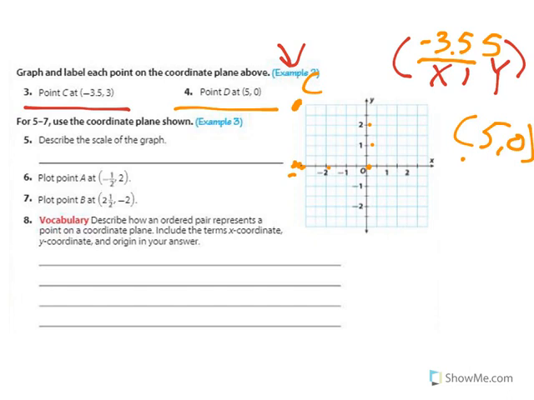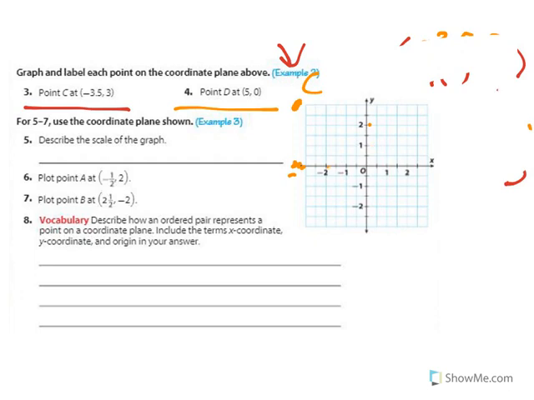So we'll just use the invisible graph here. So that means go across 5. All right, so if I continue, that would be 3, that would be 5. All right, so that would be over 5, up 0. So that point right there is technically D. All right, and I apologize because it does go off the graph. Now we're going to use our graph to the right here for examples 5 through 7, and it should fit.